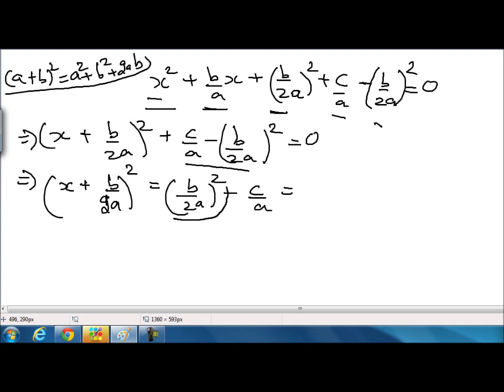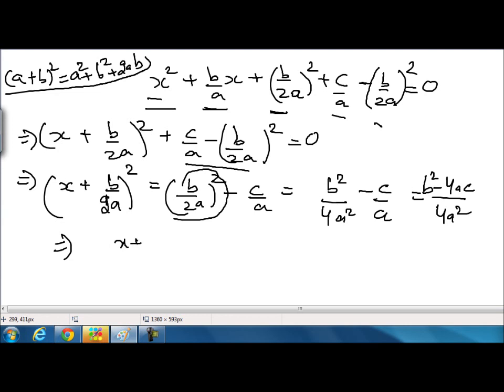When I open this square, it becomes b square divided by 4a square, since the square of 2a is 4a square, minus c divided by a, and that is equivalent to b square minus 4ac divided by 4a square. So we have x plus b divided by 2a whole square is equal to b square minus 4ac divided by 4a square.